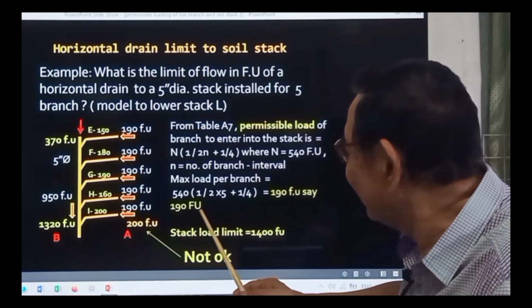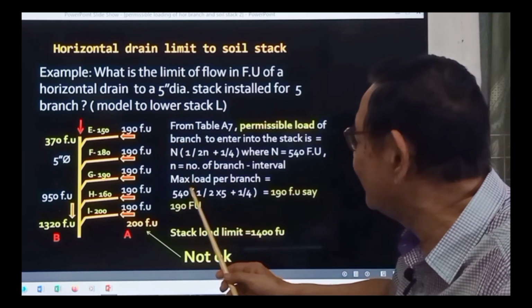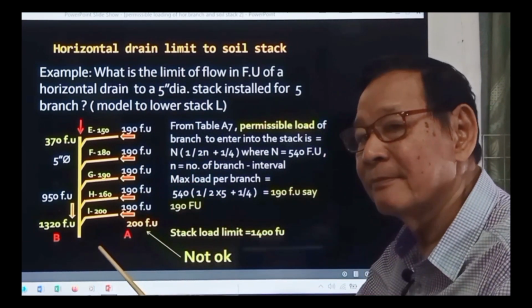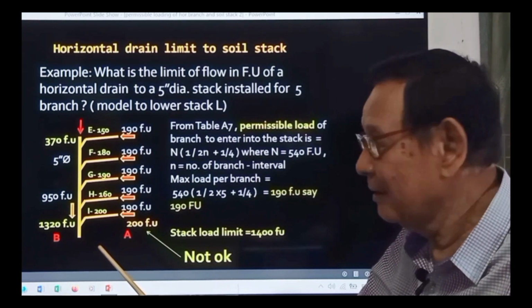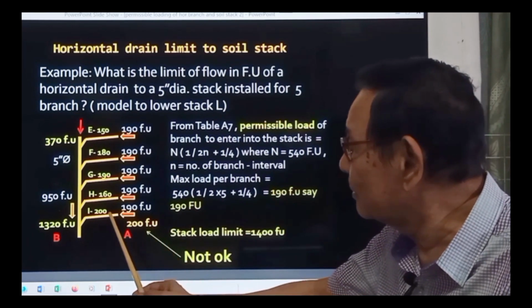Ang capacity ngayon ng 5 inches na yan is only 190 for 1, 2, 3, 4, 5 branches. Capacity is 190. So 200 dito, 190.